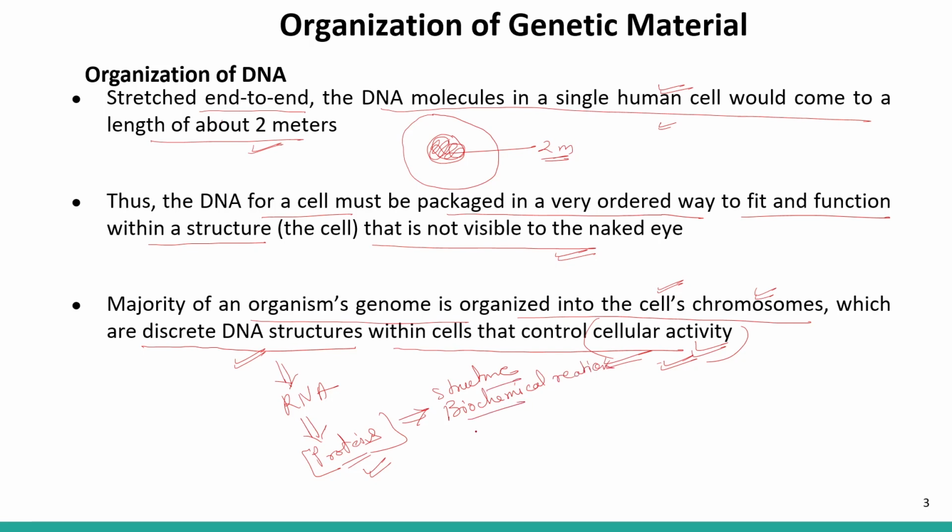Protein is involved in all structures as well as the biochemical reactions of the cell. Now you can understand how these proteins are formed. The main thing is DNA, which is present inside the nucleus and is very highly organized.